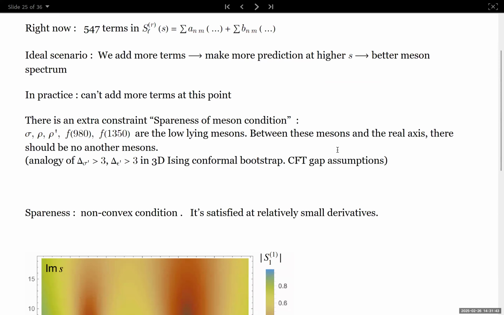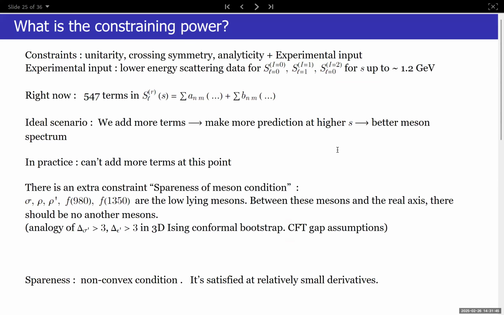However, right now, if we include a lot of terms in the ansatz and do this computation, what happens is that the semi-definite program will try to fine-tune those higher order terms.